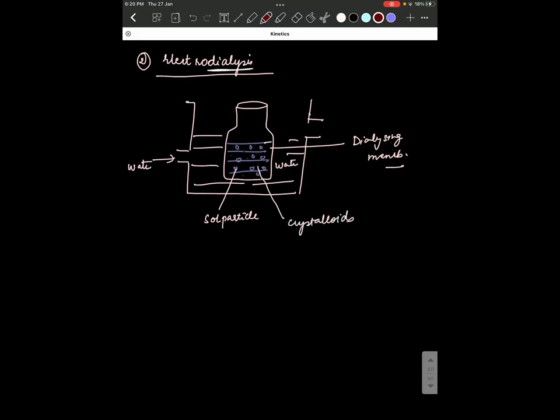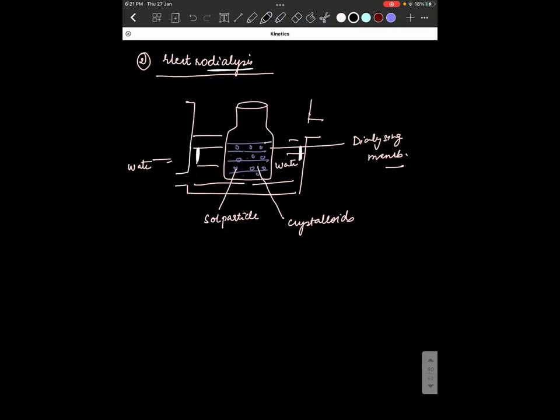Okay, now what is happening here? In electrodialysis, we are supplying the electricity with the help of two electrodes we are attaching here. Here we will be having the cathode, and here we will be having the anode. Let me make this inlet a bit lower.